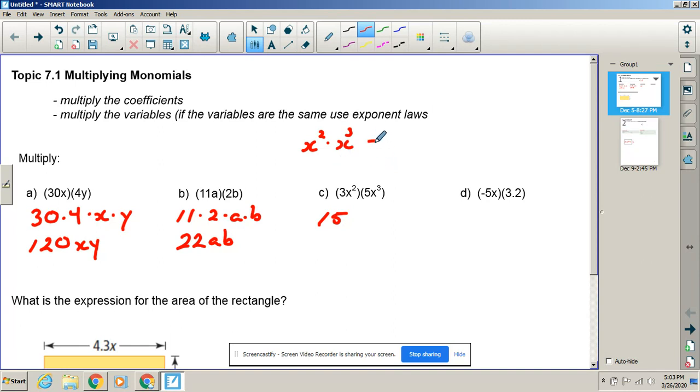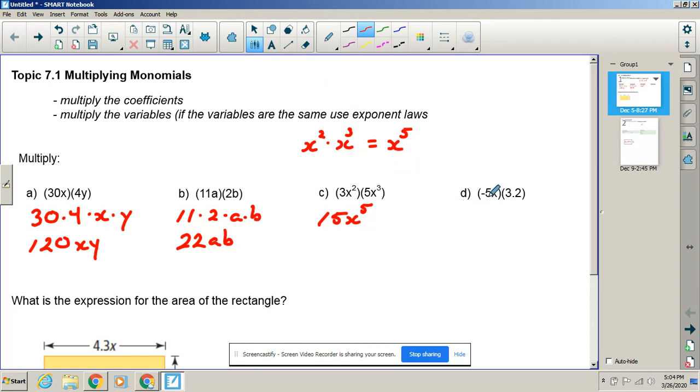And the rule is when I multiply and the bases are the same, I keep my base and I add my exponents. So 2 plus 3 becomes 5. So this is 15x to the fifth. I take 3 times 5 to get 15, and x squared times x cubed is x to the fifth.